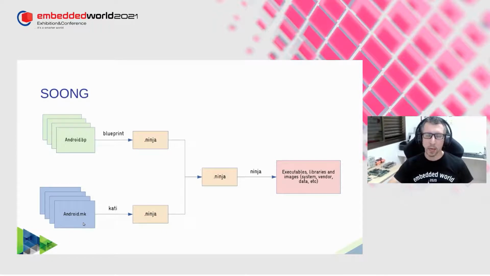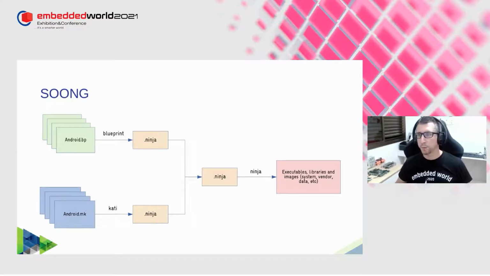As I said earlier, some versions ago, they only supported makefiles, so there were several Android.mk files in the source code of Android, and you would use purely the make tool to build Android.